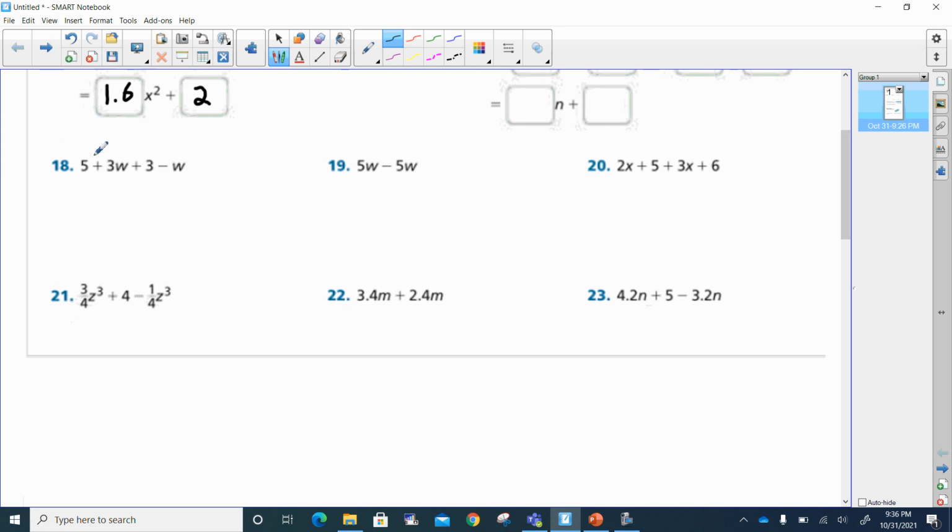Number 18 says 5 plus 3w plus 3 minus w. We're going to group our w's together first, so we'll have 3w minus w, adding that to 5 plus 3.